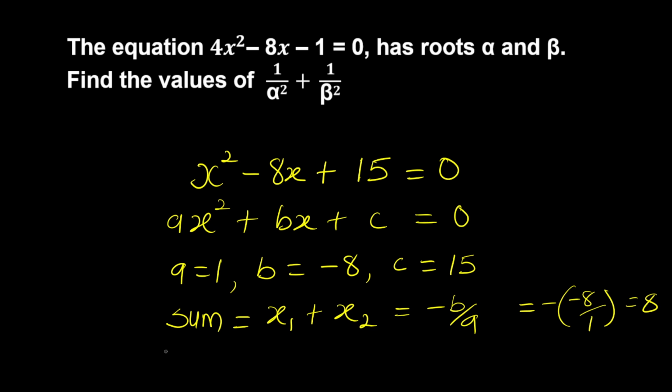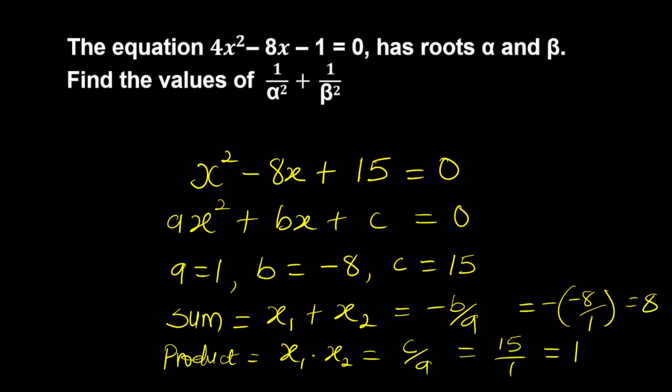Our product, which is x1 times x2, is equal to c over a, which will be 15 over 1, which is equal to 15.